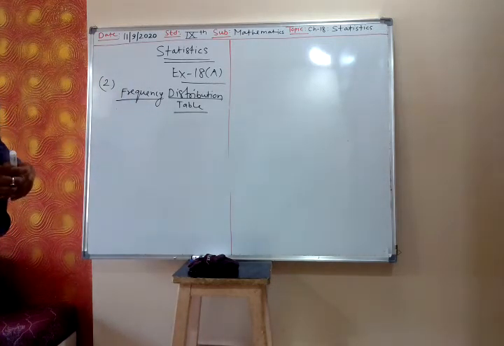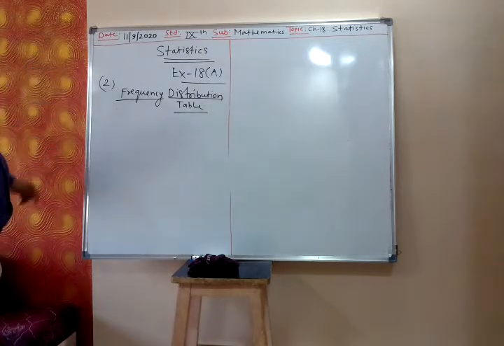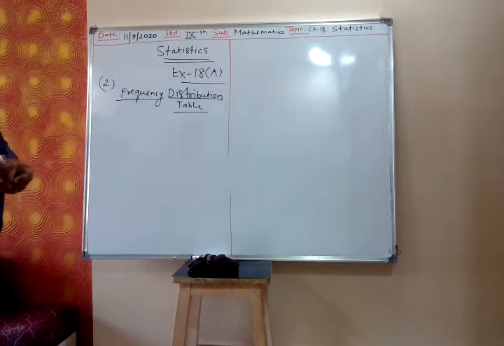For frequency distribution table, we have to take the interval. Given below are the marks obtained by 30 students in an examination. So those are the given data of the marks obtained by 30 students. Taking class intervals 1 to 10, 11 to 20, up to 41 to 50, make a frequency distribution table.